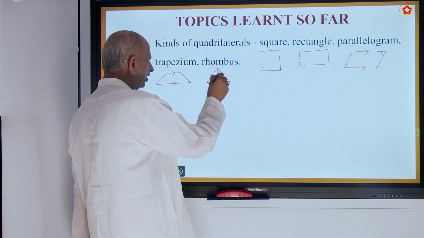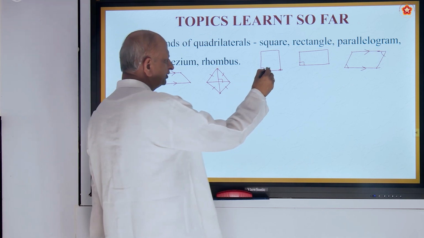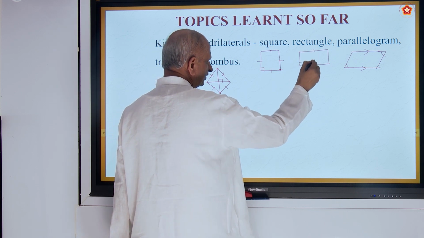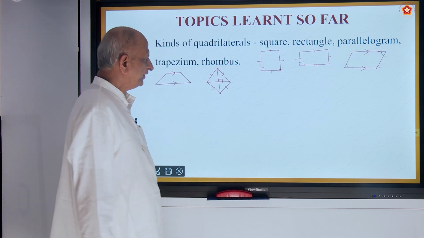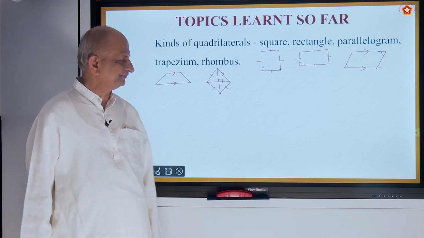So here all the 4 sides are equal. So these are the different kinds of quadrilaterals, just for your memory.